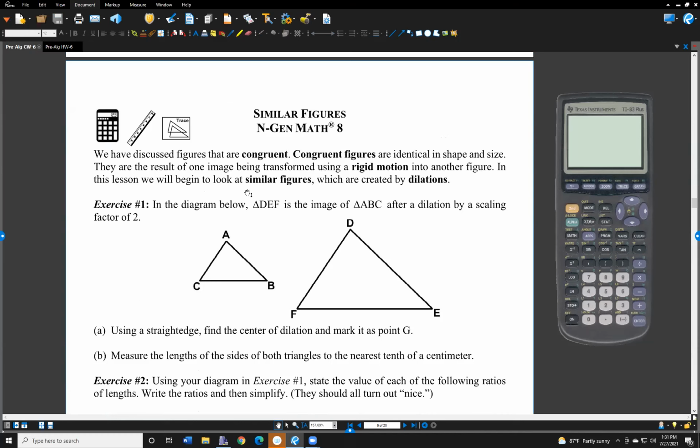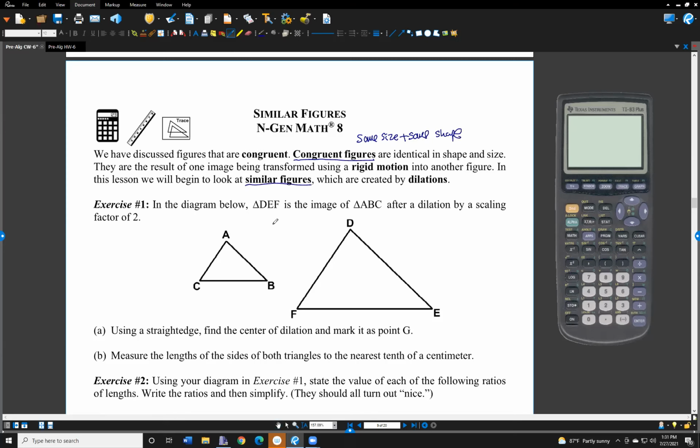Congruent is what? It's actually the same size, same shape. Okay, similar figures and congruent figures are different. A congruent figure is actually the same size, same shape.